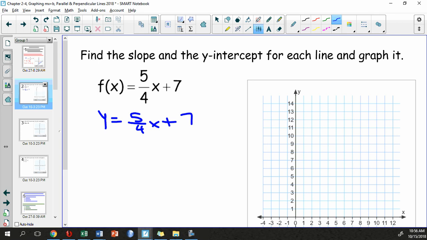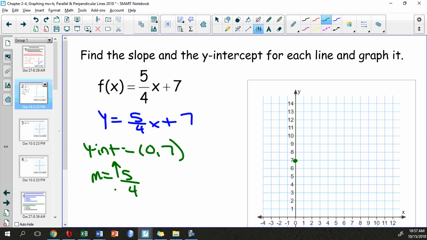I'm going to look for my y-intercept, which is going to be the ordered pair 0, 7. So I'm going to come over here, I'm going to graph the point 0, 7. There it is. Yes? Then what am I going to do? I'm going to look for my slope. My slope is going to be 5 over 4, so that means I'm going to go up 5 units because I'm always rising.